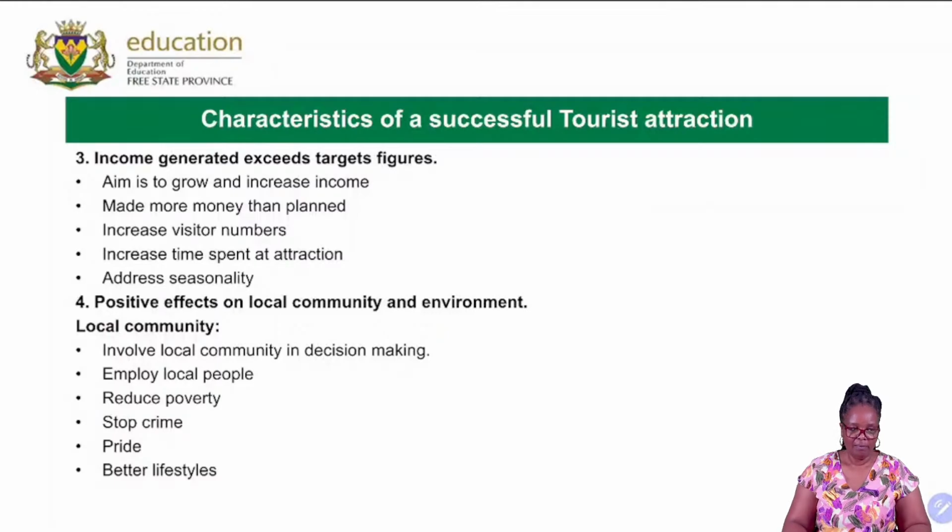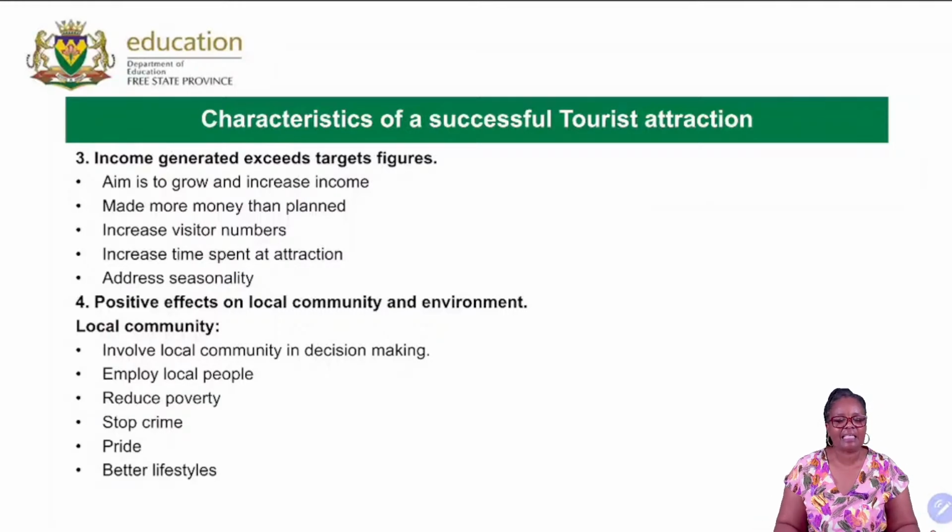The fourth one, which is the last one, is the positive effect on the local community and the environment. The attraction must have a positive effect on the local community and a positive impact on the environment, and then we know that this attraction is successful.